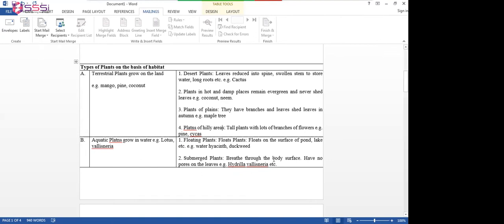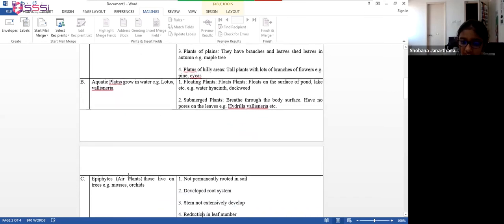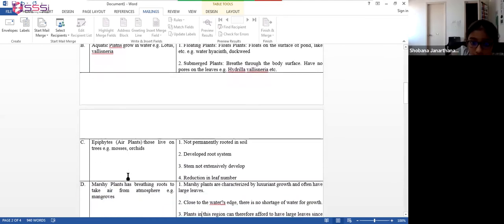They breathe through the body surface and have no pores on the leaves. Their examples are Hydrilla and Vallisneria. Ma'am, what is Vallisneria? It is a kind of plant that grows inside water. Okay, ma'am.